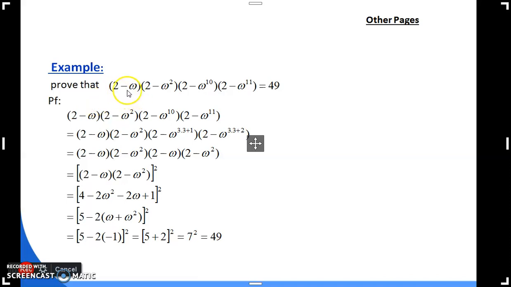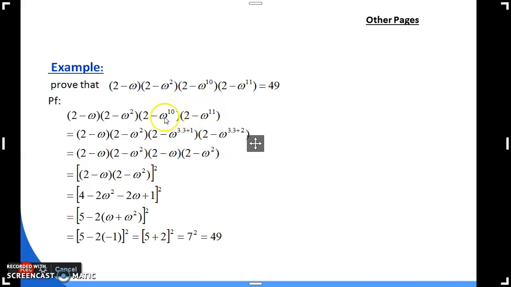Then let's have one example. Prove that (2 minus omega)(2 minus omega square)(2 minus omega to the power 10)(2 minus omega to the power 11) equals 49. So let us take the left hand side: 2 minus omega, 2 minus omega square, 2 minus omega to the power 10, 2 minus omega to the power 11. Now here we can see omega to the power 10 and omega to the power 11, those values 10 and 11 are more than 3.